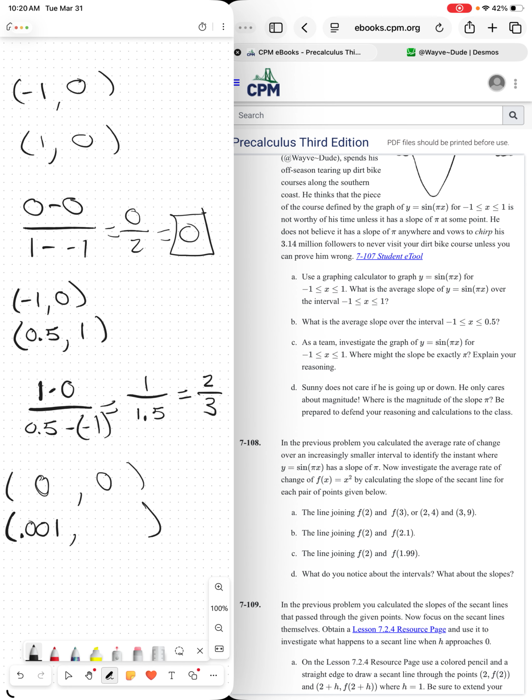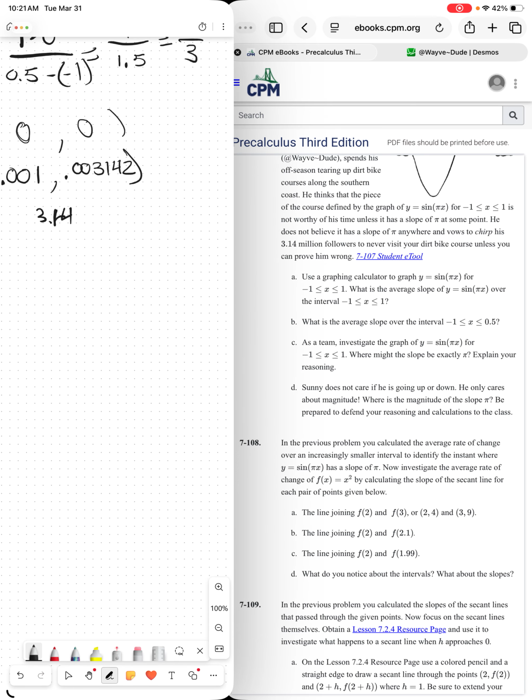Then we should be able to do pi times 0.001, which gives us 0.003142. That's better. When we divide those, we should get like 3.14, which is approaching pi.